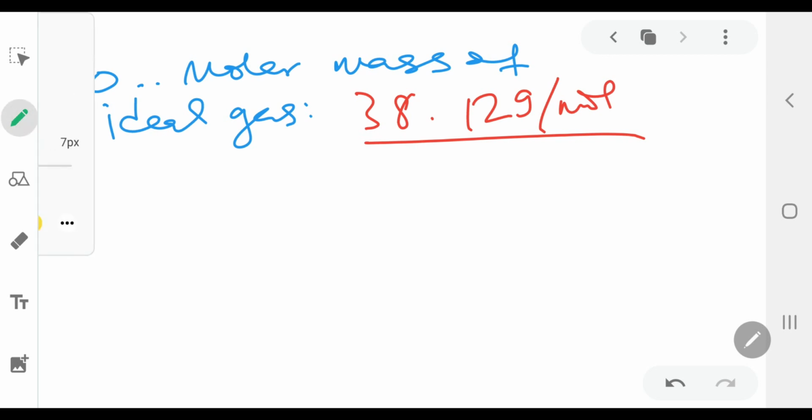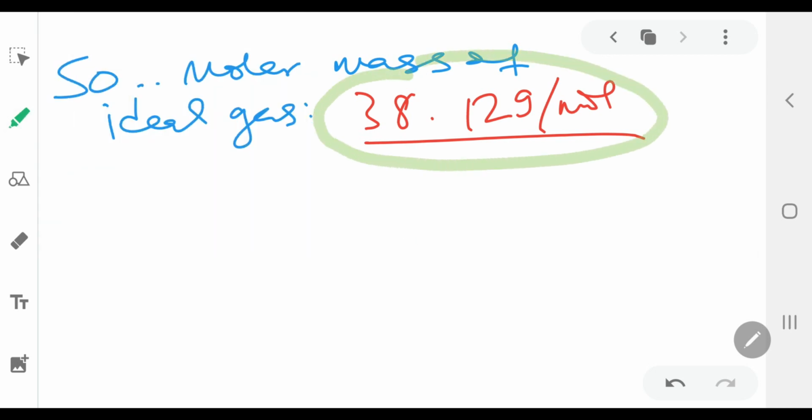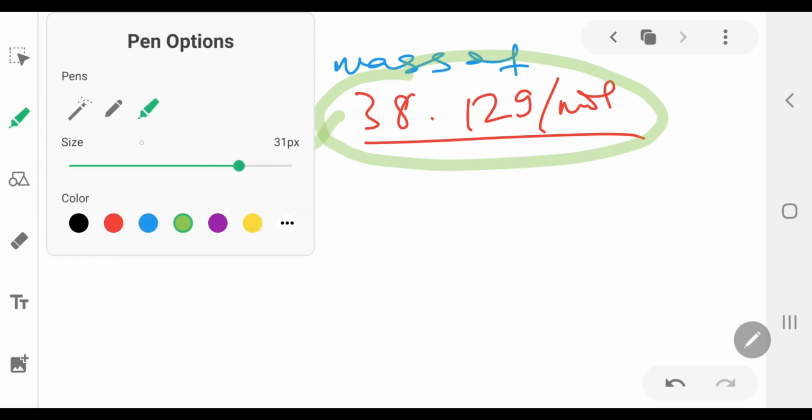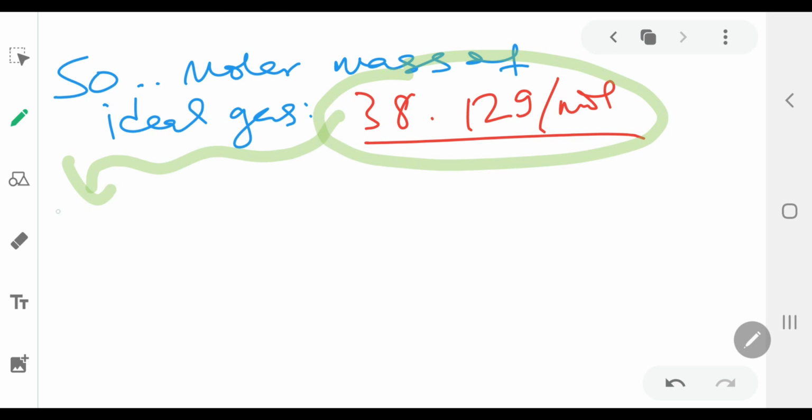If this value over here is for a diatomic, what would it be? So how do we do that? We're going to look at your periodic table.